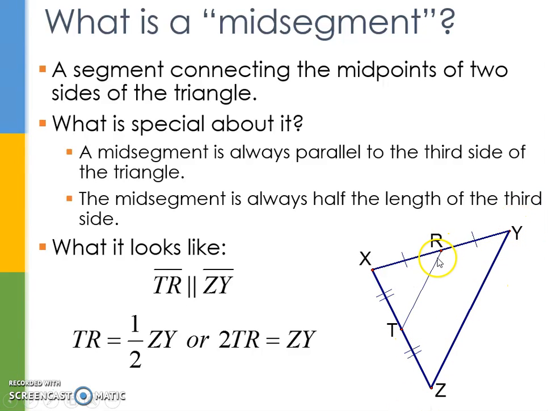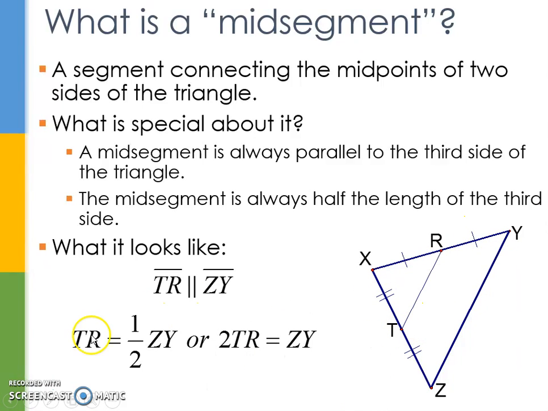These two are always parallel to each other. And this midsegment right here is always half of the third side, the parallel side. So that's where this is coming from. TR is parallel to ZY, and TR is half of ZY, or 2 times TR is ZY.